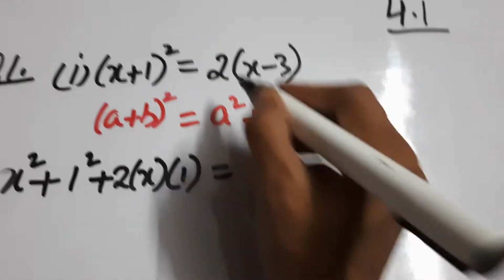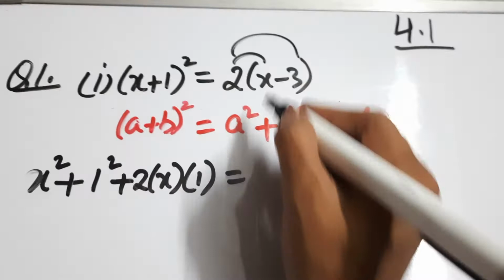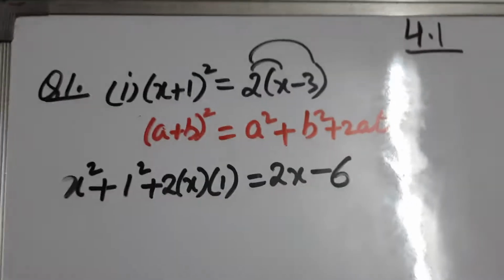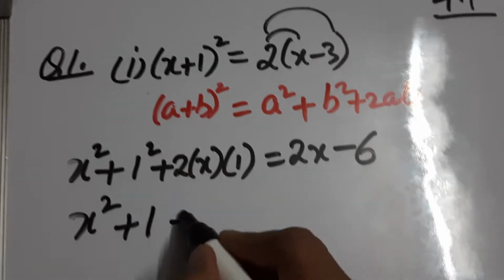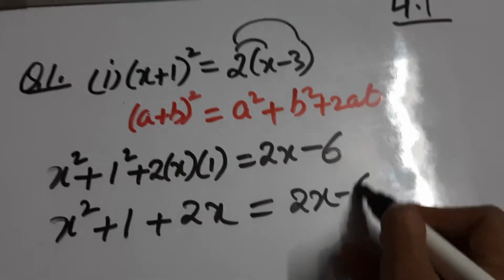1 is equal to, right hand side distributive property, 2 into x 2x, plus minus 2 3s are 6. Now x square plus 1 square is 1, 2 1s are 2 into x 2x is equal to 2x minus 6.